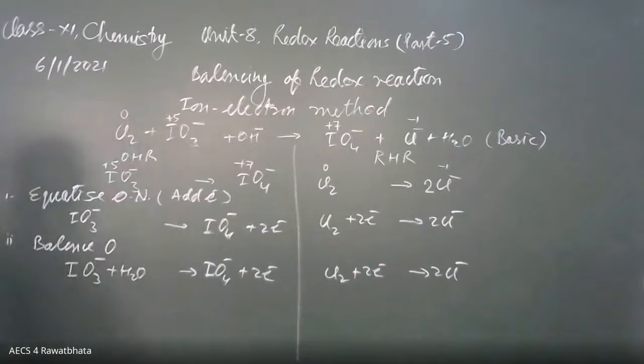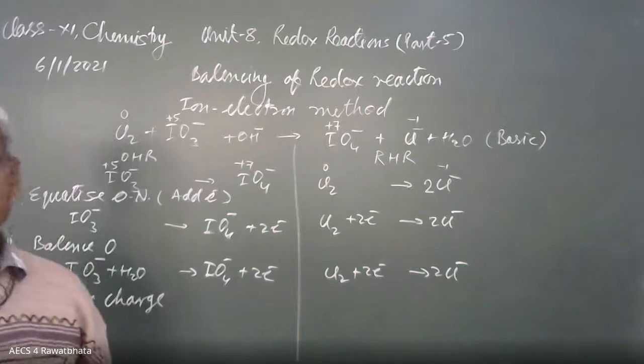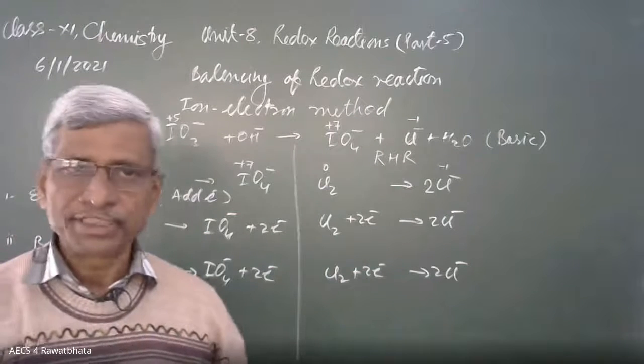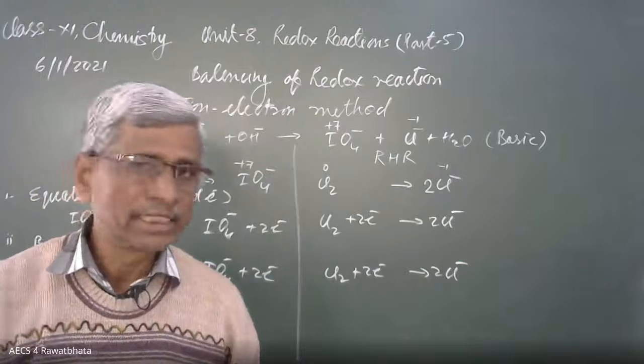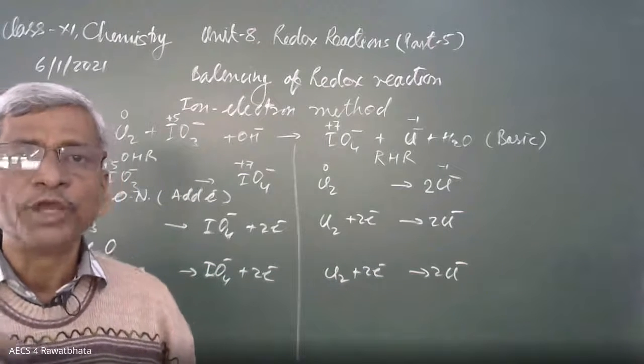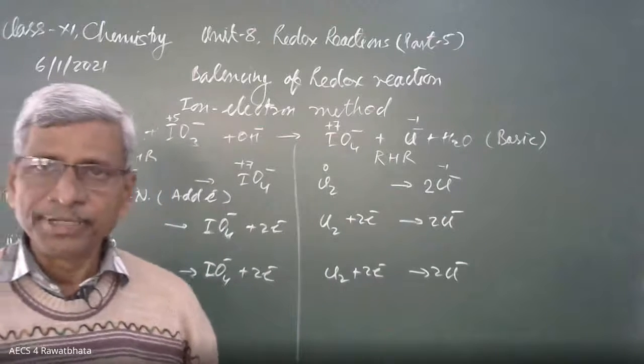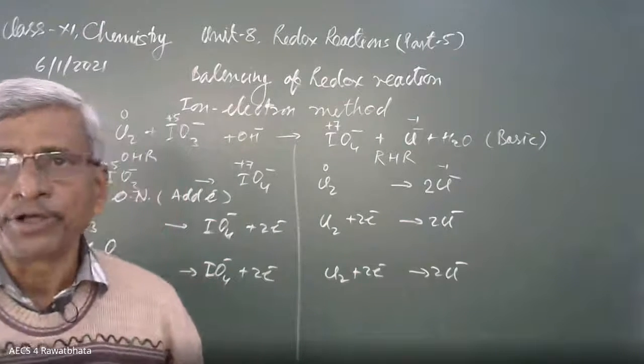Okay, beta? Third step is balance charge. The steps are similar to the balancing of reaction in acidic medium. The steps are common. Only the thing is, while balancing charge, we have to add OH minus in basic medium. In acidic medium, we have to add H positive.